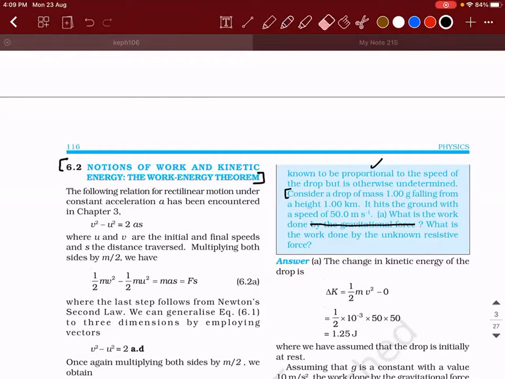I asked a question, what is the work done alone? Does it make sense? No, sir. Why? Because for the question to be complete, we should know which force.